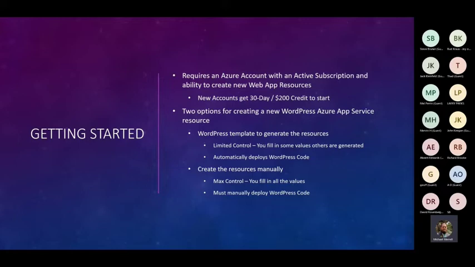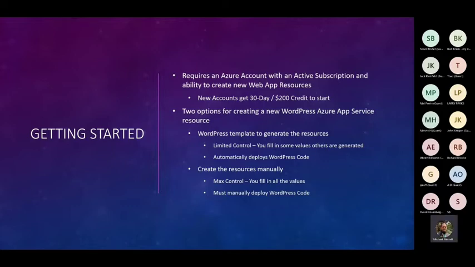With this, any new accounts get a $200 credit that they're able to use for the first 30 days. That gives you the ability to play around and really understand what things are going to cost, and understand how best to utilize resources prior to actually putting in your credit card information and being charged every month for the processing that you're using.